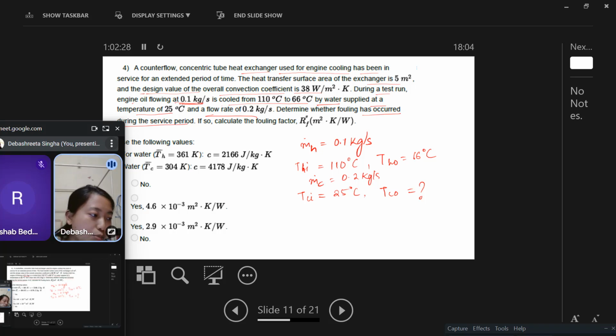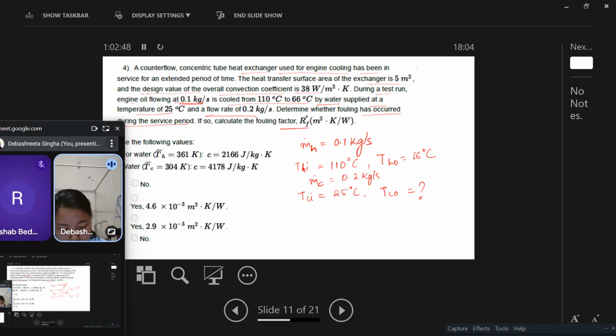So from a design point of view, this is also one of the factors which you have to consider, since these equipments have been in use for a very long time. There might be some fouling issues associated with that equipment.